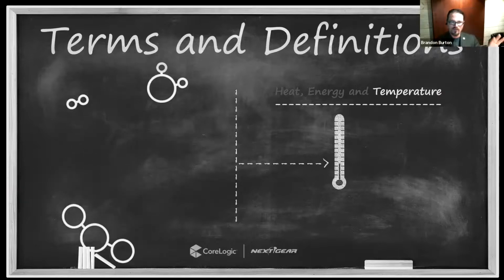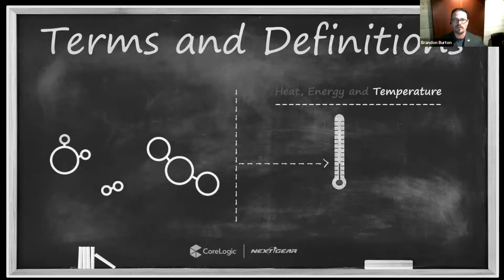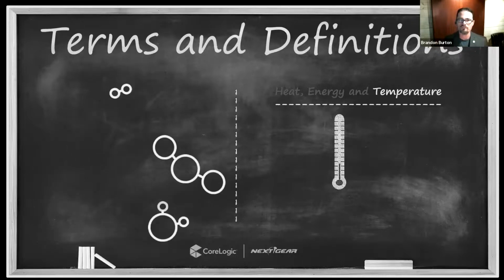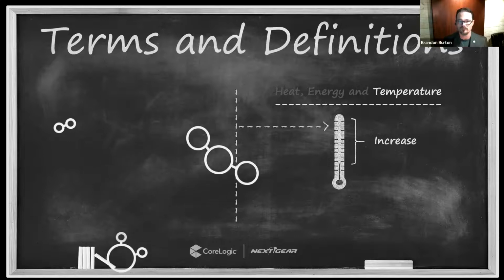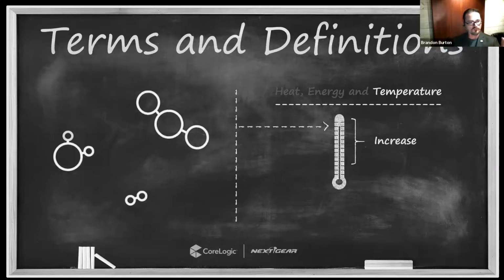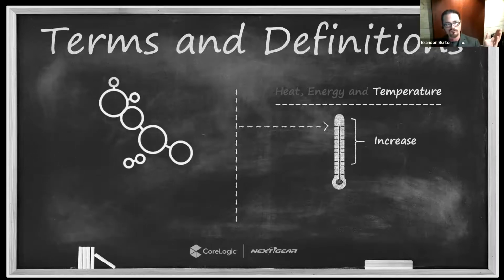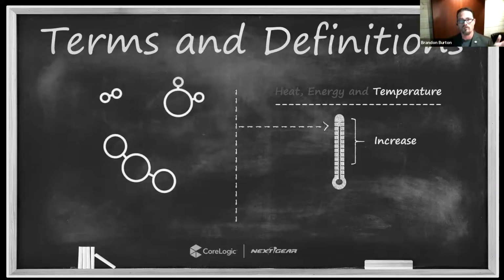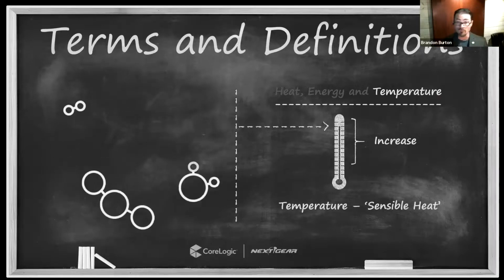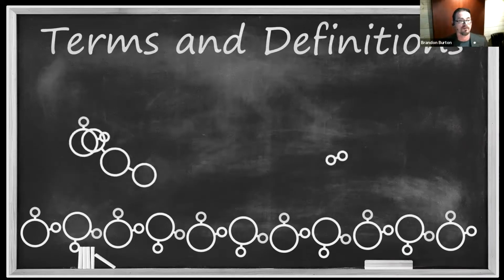Let's say these molecules are moving at a certain speed, and that represents a certain temperature. If I increase the speed of those molecules, then I increase the temperature. That's the literal, direct translation. Look at these molecules now and how much faster they're moving, how much more energy they're imparting on the surface. That is what an increase in temperature is. Really important to understand that when we get into these advanced concepts.